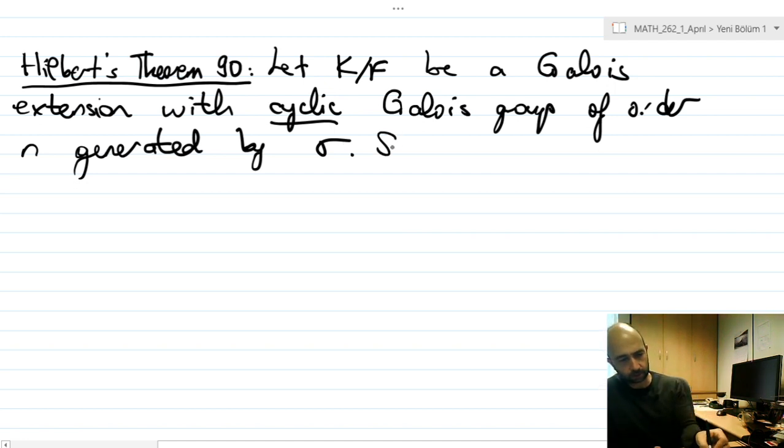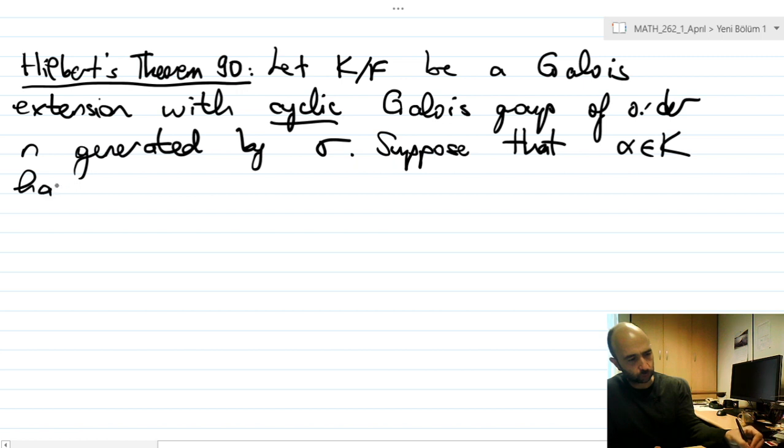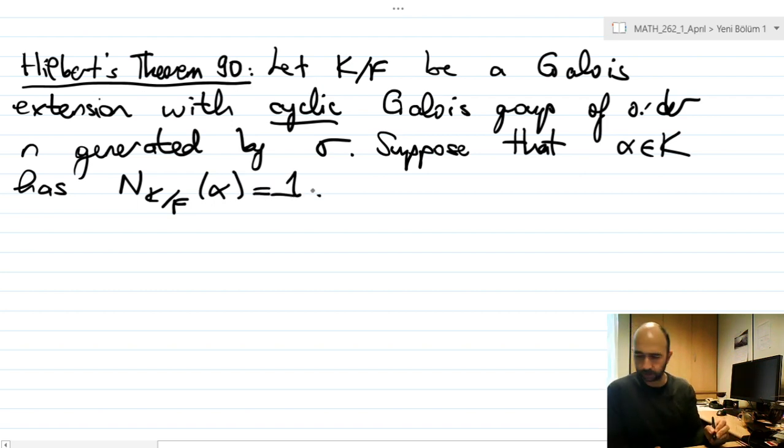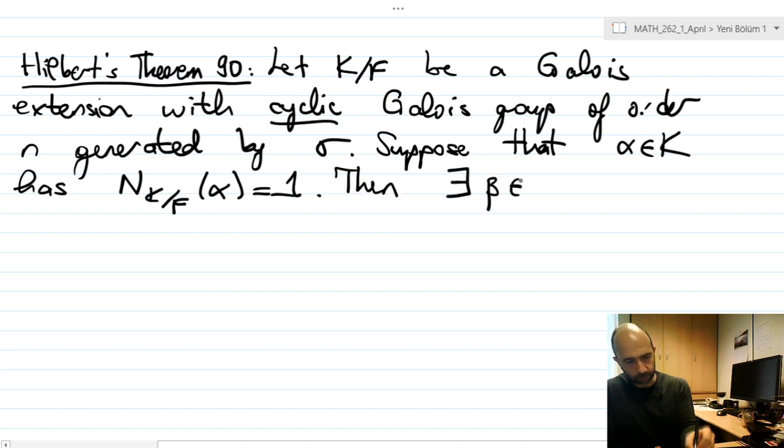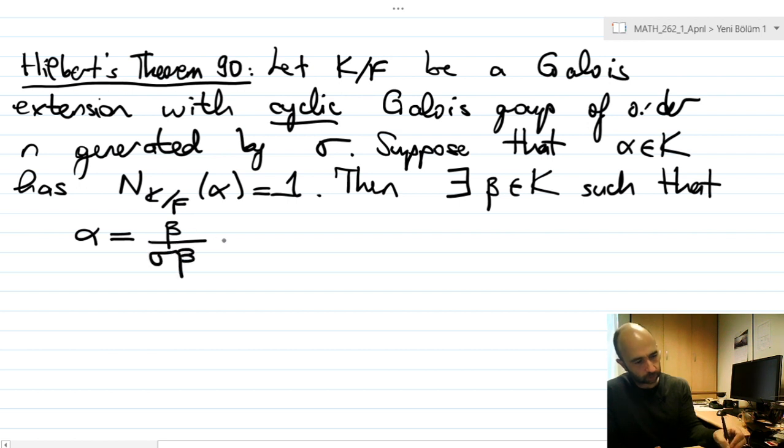And suppose that alpha in K has norm 1. Then there exists some beta in K such that alpha is beta over sigma beta. So this is kind of a converse.